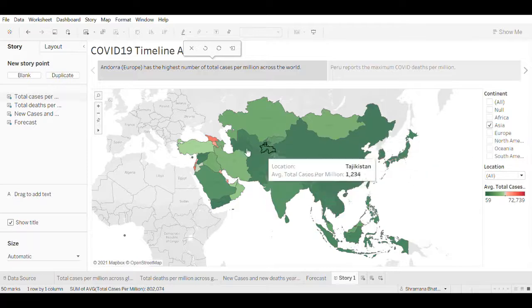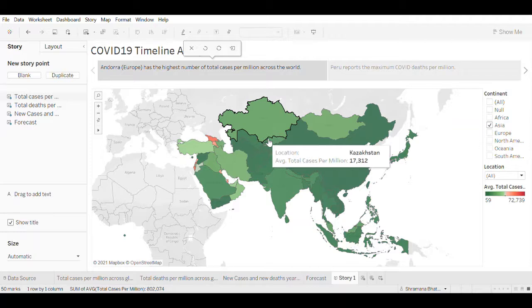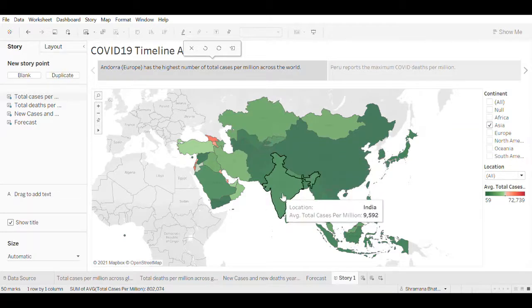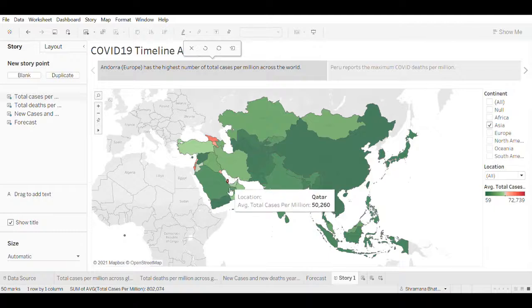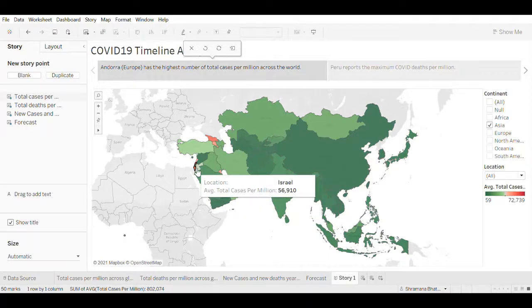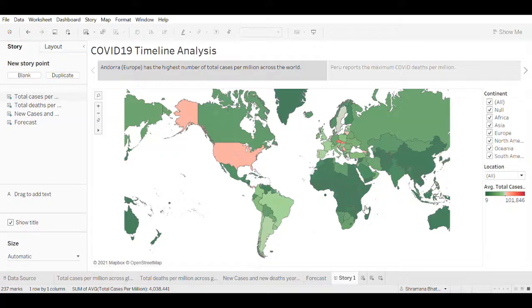So like this you can move your mouse to the places and regions to see what the data is for that particular place. Kuwait, Qatar reporting quite high, right? Georgia to be very high.